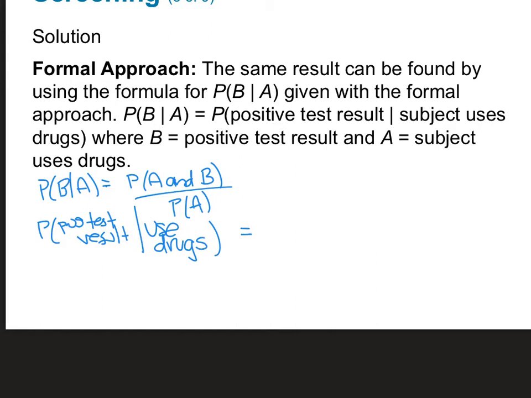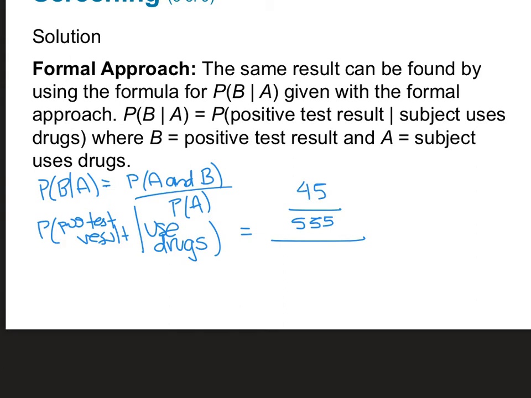So that means that the probability of A and B is that they have a positive test result and that they use drugs. So you're going to be looking at the total number of subjects, which is 555, and then how many are positive and use drugs? That's 45. 45 of the 555.